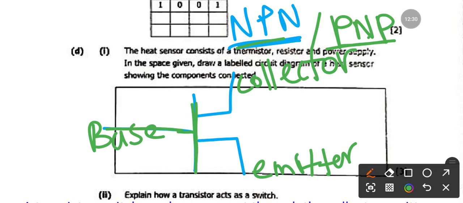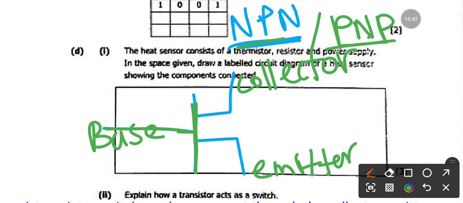All right, how does a transistor act as a switch? A transistor acts as a switch because it switches off a large current through the collector to the emitter.